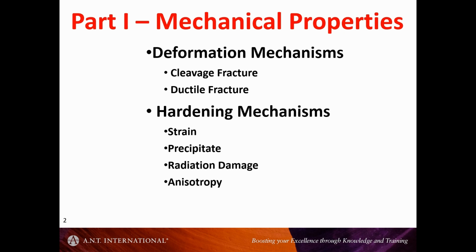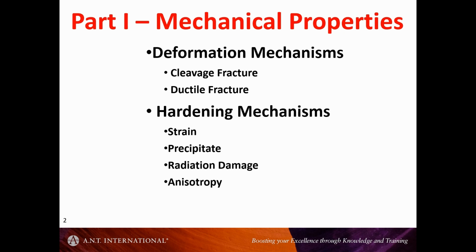There are two main deformation mechanisms that I'm going to be covering: cleavage fracture and ductile fracture, although the cleavage fracture will be very brief. Primarily I'll be talking about ductile fracture, and this applies to the components of interest, which are typically zirconium alloys and austenitic alloys.